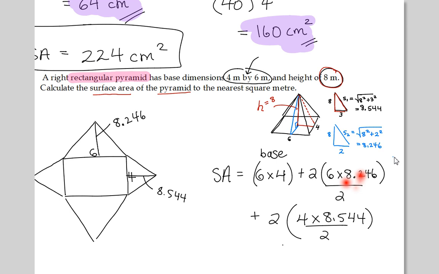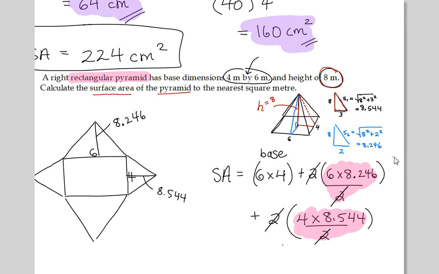So this stuff here that I'll highlight for you, these 2 are both triangles. You notice that you have a base times a height divided by 2. Base times a height divided by 2. And the 2's on the outside are because they come in pairs. There's 2 of them. A little bit of algebra, you'll notice that the 2's will cancel. That's nice.